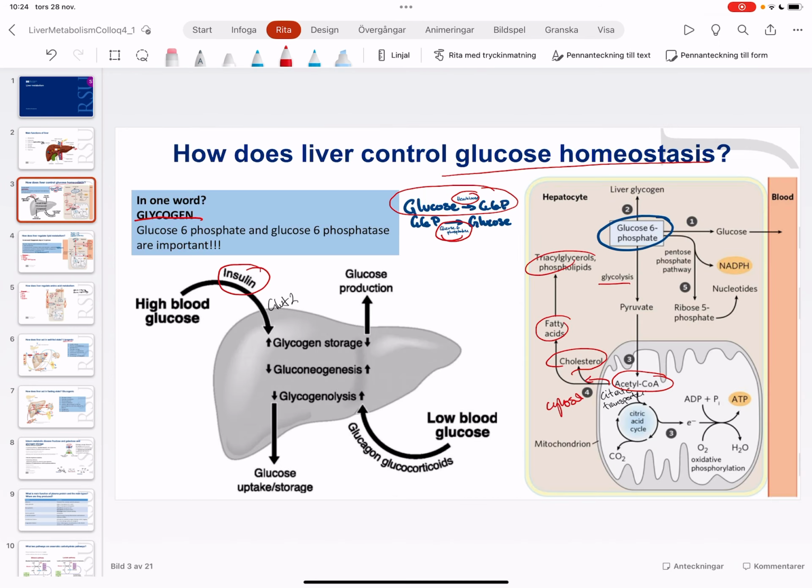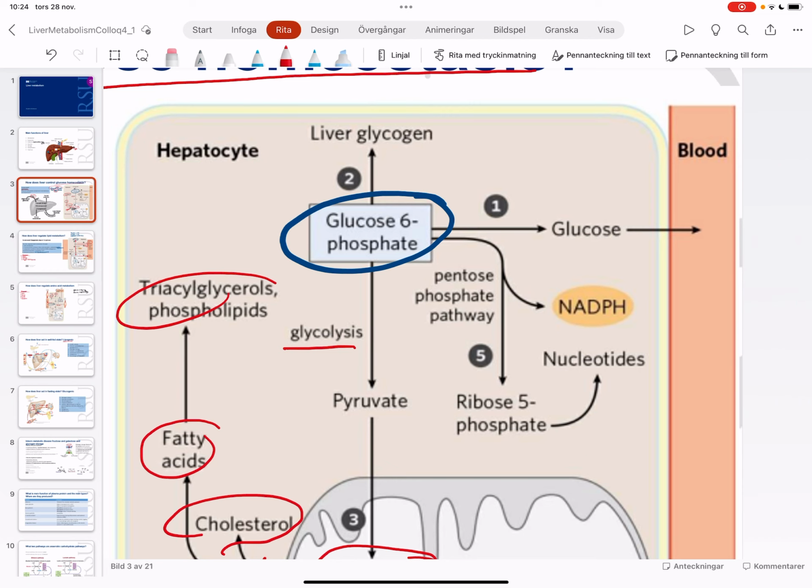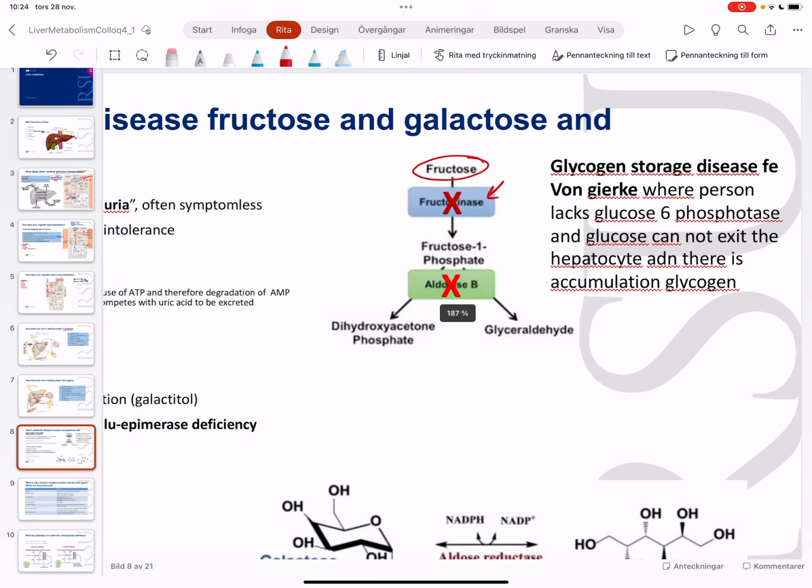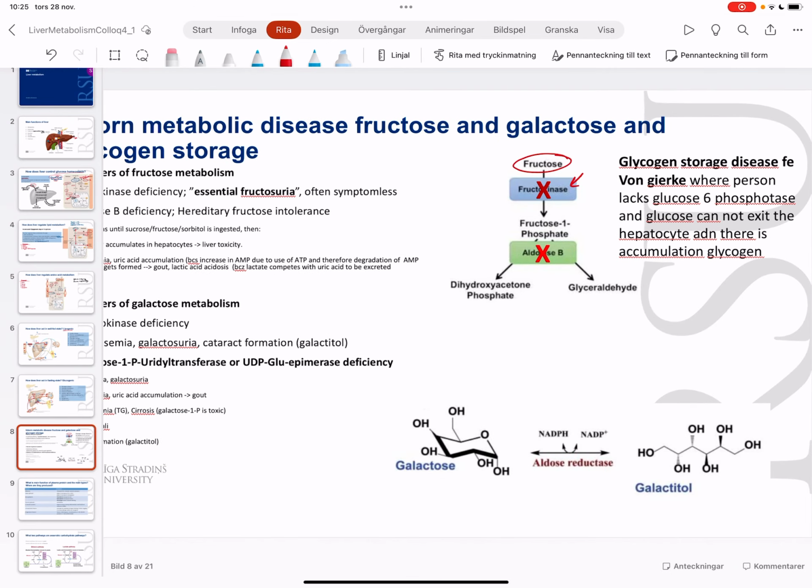So for example here, if a person has von Gierke disease, the glucose molecule right here can never exit because the person lacks the glucose 6-phosphatase enzyme, and therefore glucose 6-phosphate is never converted to glucose, and therefore the glucose can never go out into the blood. So that would be an example of a glycogen storage disease.